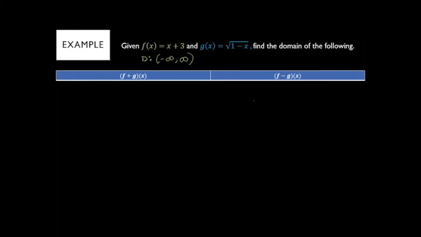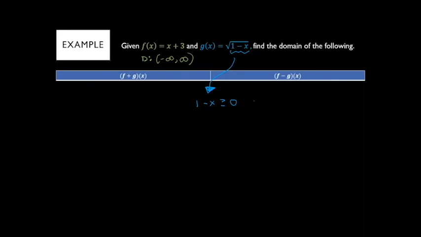So whatever is inside the square root here has to be greater than or equal to 0. So inside the square root is 1 minus x. It has to be greater than or equal to 0 in order to prevent getting any imaginary numbers. It could be 0 because the square root of 0 is 0. That's fine. We just can't have any imaginary numbers. So it's got to be at least positive.